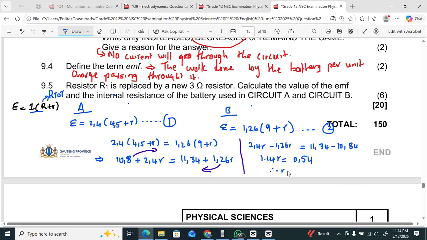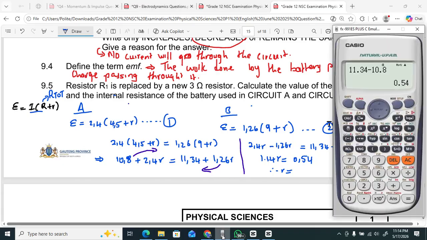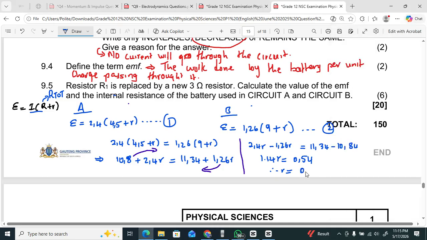Divide both sides by that to find R. So I'm going to divide the 0.54 by 1.14. This gives us an answer for the resistance of 0.47, if we round it off. So the internal resistance is 0.47 ohms.